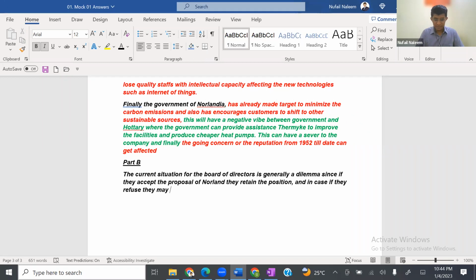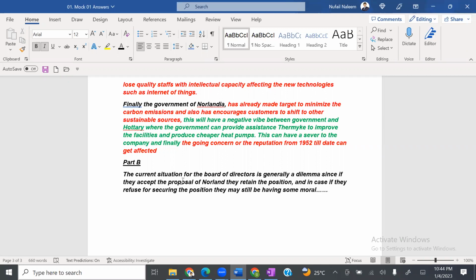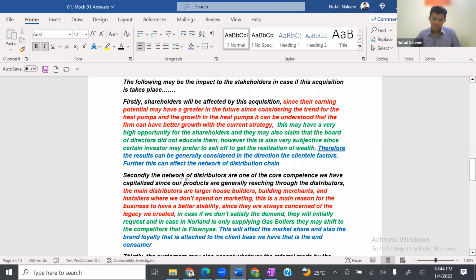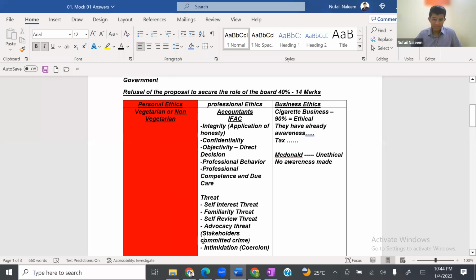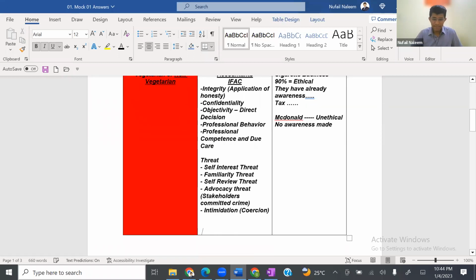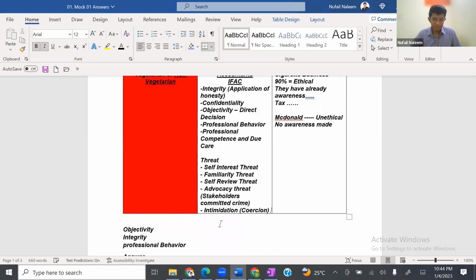They refuse, sorry, for securing position, they may still be having some moral issue. Now, Anushka, just to make yourself even very strong, students, ethics is, although the suggested answers are looking very easy, but in the practical, it's a little bit tough.